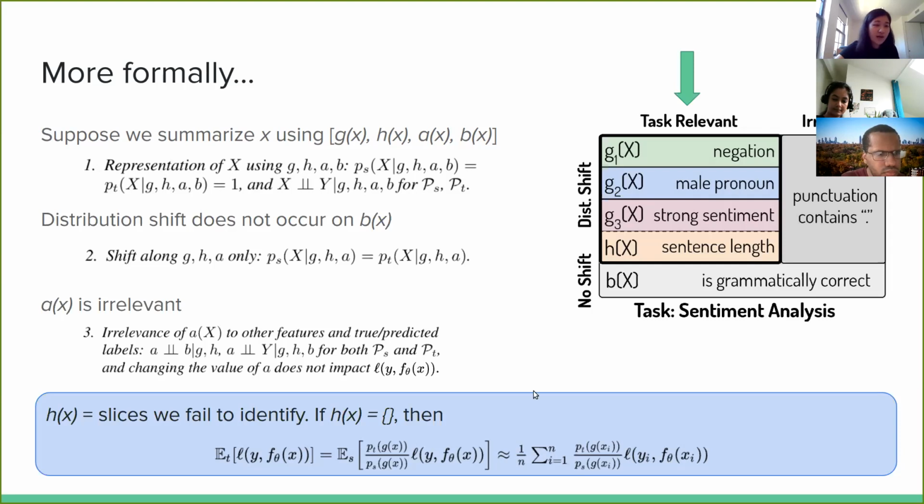But assuming that we've identified all of the relevant shifting slices, which means that H of X is empty, we can show that these assumptions allow us to prove that we can do importance weighting using P of T over P of S in terms of G of X, the slices. So what I have here is just a formal presentation of proposition 1 from earlier, with this new density ratio in terms of G of X.